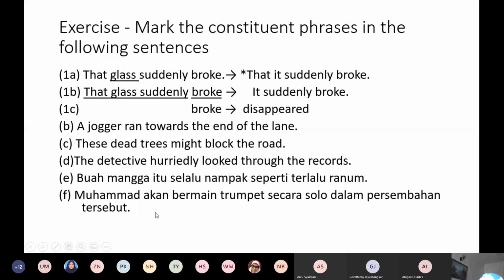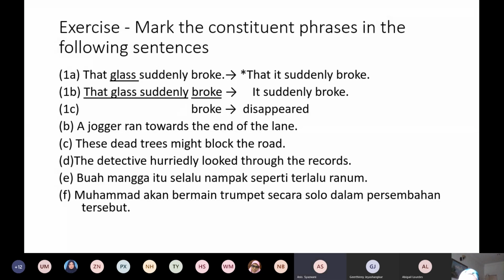Tapi kita kena pergi balik kepada kehendak soalan. Dia kata mark the constituent phrases. Betul tak? So that means we only mark the phrases. Jadi maknanya kita akan mark frasa nama, noun phrase. Lepas tu kita akan mark verb phrase. Tetapi dalam verb phrase tu dia ada bermain trumpet. So trumpet is a kata nama.